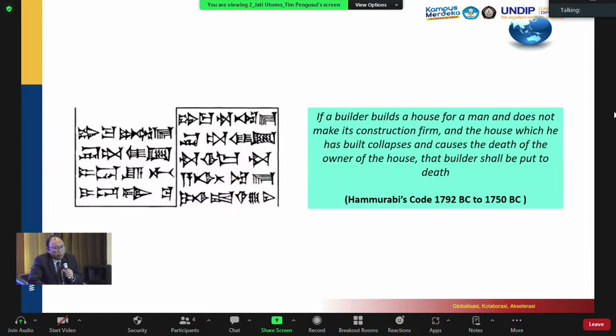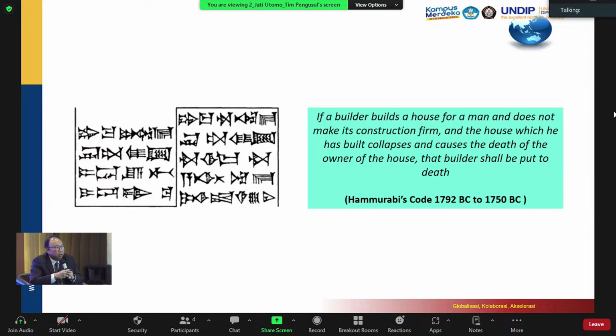So to begin with, I'd like to show you a quote from Hammurabi's code, from 1792 BC, and it says that if a builder builds a house for a man and does not make its construction firm, and the house which he has built collapses and causes the death of the owner of the house, that builder shall be put to death.